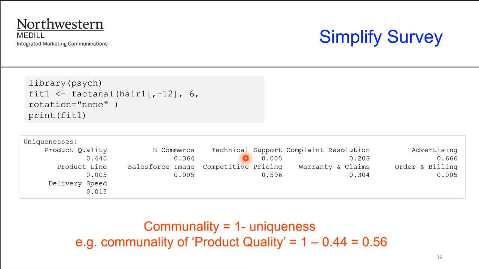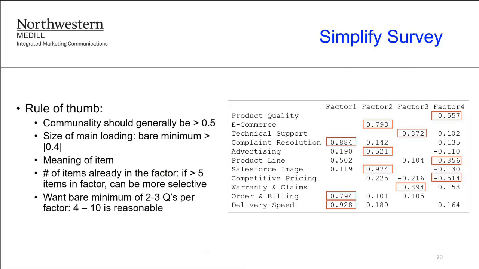So we may want to keep those variables. Or how about the advertising? Its communality value is less than 0.5, okay? So maybe we consider dropping this variable from our survey, right?